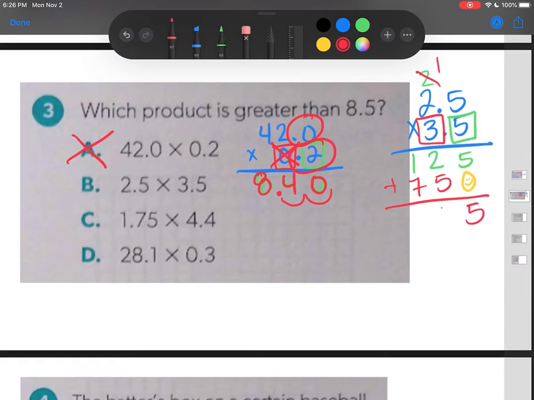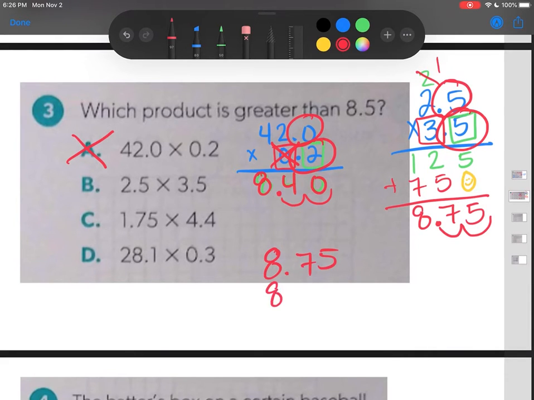And now we just add them all up. 5 plus 0 is 5. 2 plus 5 is 7. 1 plus 7 is 8. So I've got all my numbers done, but remember, we have 2 numbers to the right of our decimal. So I just got to scoot it over 2 places. So I've got 1, 2. And my answer would be 8 75 hundredths. Well, is that greater than 8 5/10? Let's compare them.